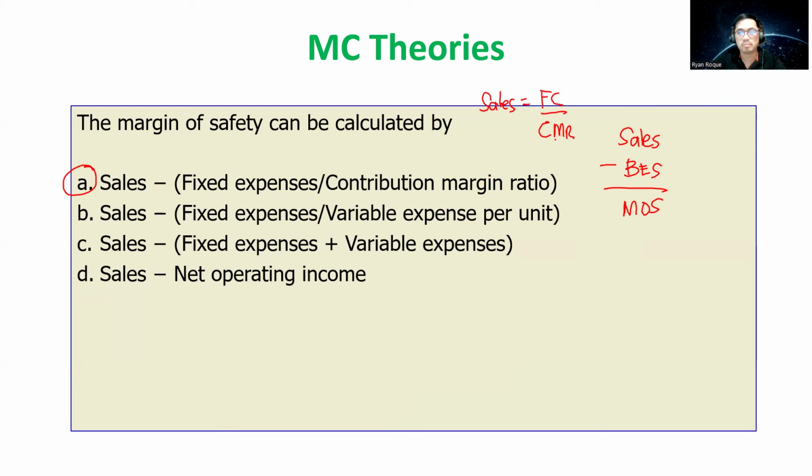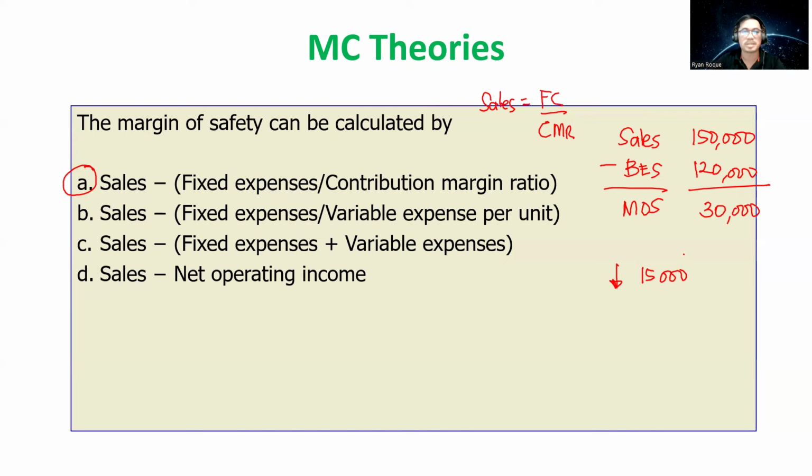Okay. So, what does margin of safety mean? So, for example, if you have 150,000 of your sales and then your break-even sales would be around 120,000, meaning that is to break even, no profit, no loss. So the margin of safety is 30,000, meaning if your sales will go down by as much as only 30,000, you are still safe because you will not be having any loss. You will still have income.